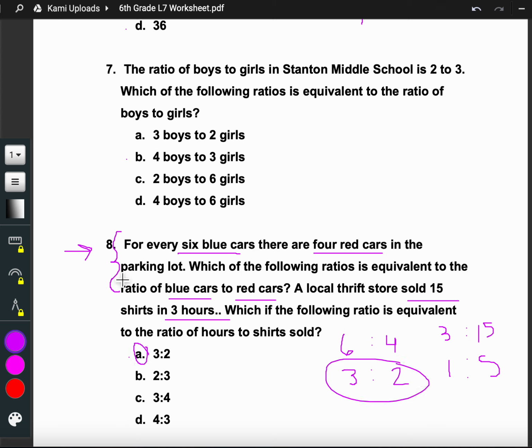And for the first part of the question, you should not have gotten 3 to 4, not 4 to 3, and you could only have gotten 2 to 3 if you switched blue cars to red cars or red cars to blue cars. So that's that. Go ahead and try some on your own for practice.